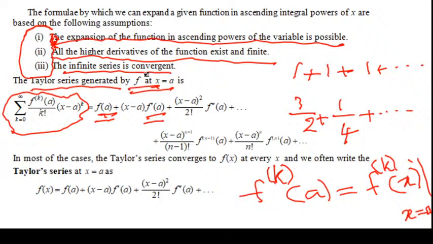So it is your duty to keep this formula in your mind. This is known as the Taylor series at x equal to a of the function. In this step you can see the right hand side is just the expansion of this compact form: summation k equal to 0 to infinity, f^(k)(a) by k factorial times (x minus a) to the power k is a compact form, and the expansion is given on the right hand side.